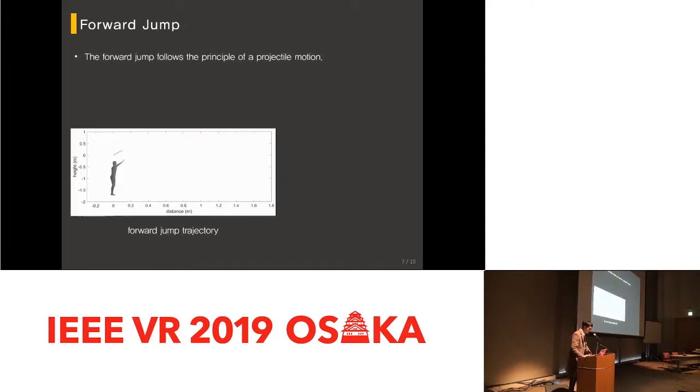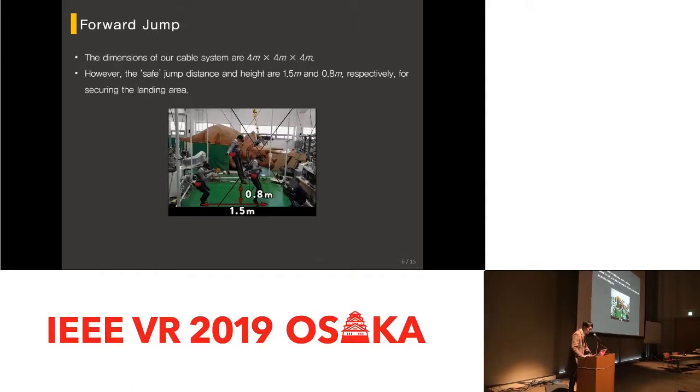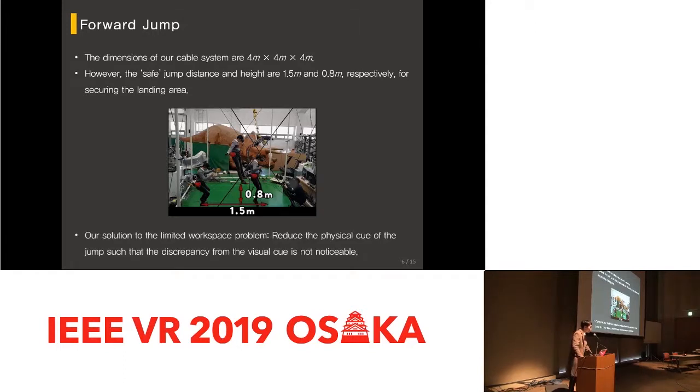In order to secure a sufficiently wide safe area, the cable system must be made larger. Unfortunately, it takes more space and costs a lot more. So, we propose to reduce the physical cues of the jump in a way that the discrepancy from the visual cues provided through an HMD is not noticed by the user.